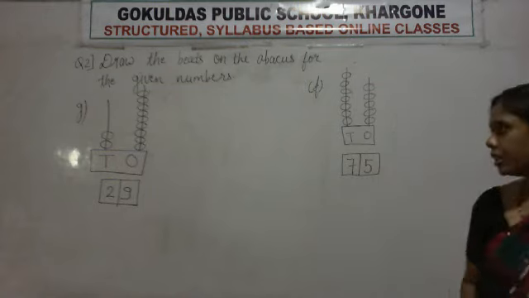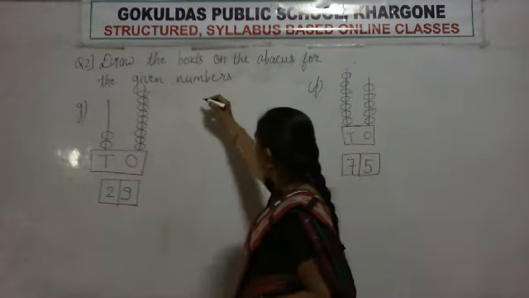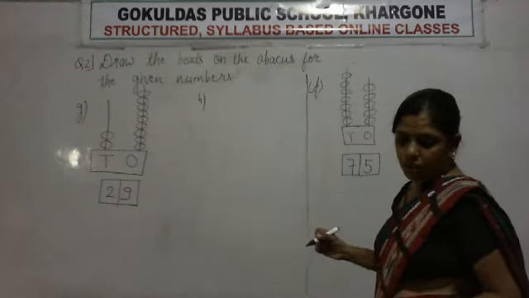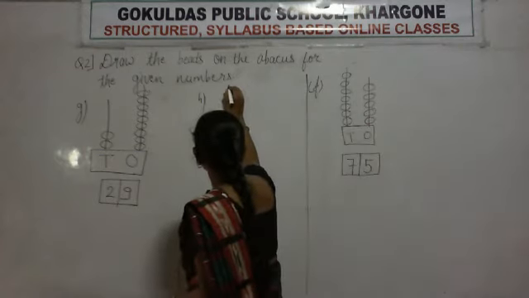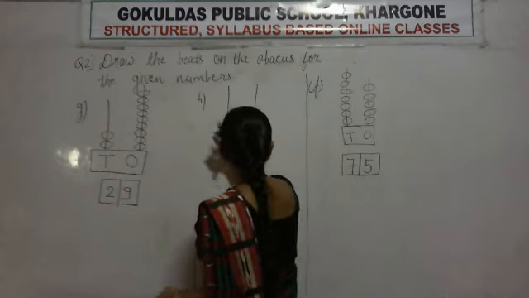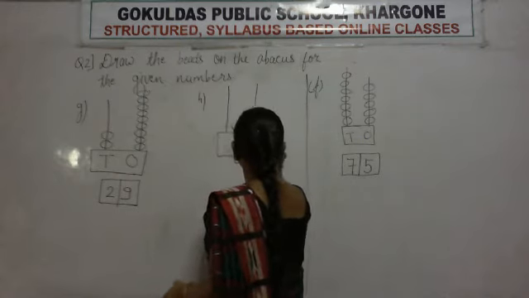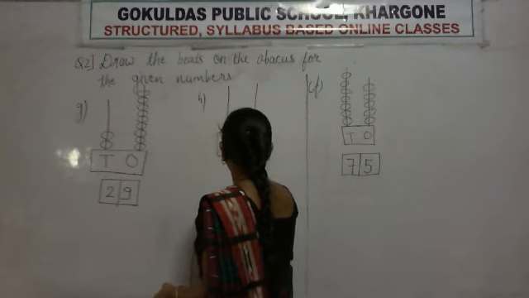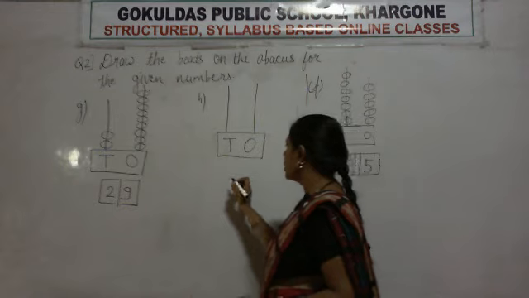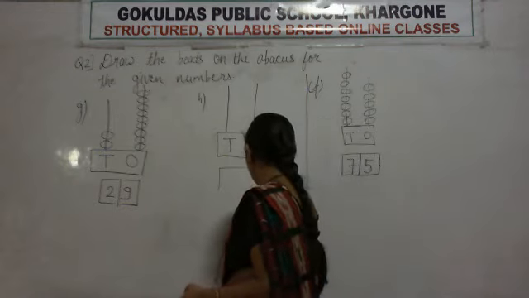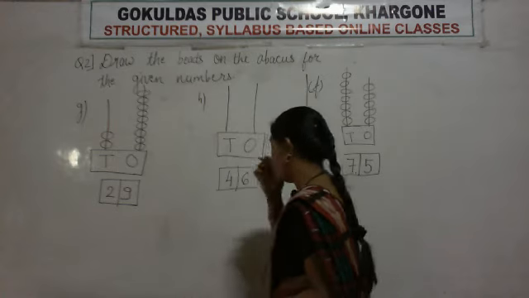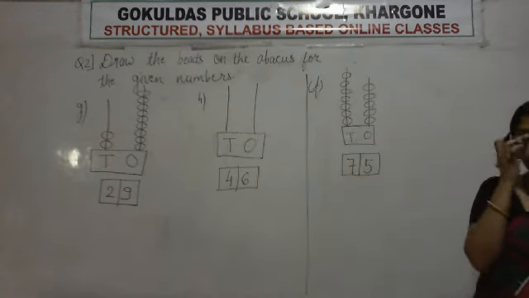Now the last question, H. I am writing here. First draw the abacus. The number given here is 46. So what is our first step?